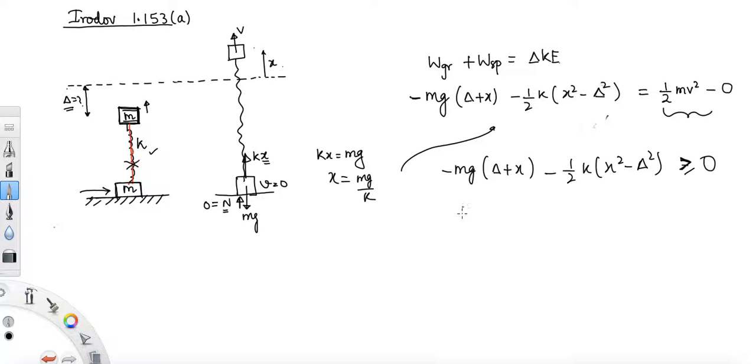Now we can also say mg times (delta plus x) plus k by 2 times (x square minus delta square) is less than or equal to 0.